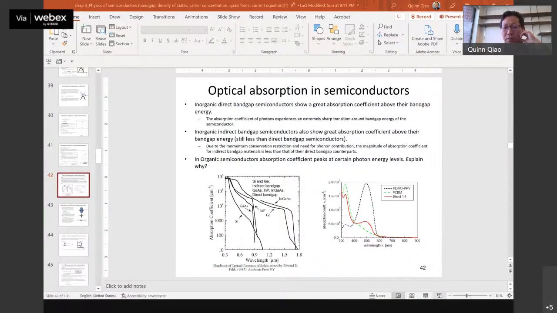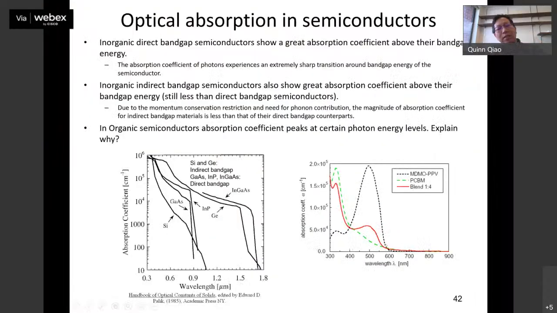When we talk about direct and indirect band gap materials at the beginning of these lectures, let me share the screen here. If you look at these slides, you'll see this one is called the absorption coefficient, right?